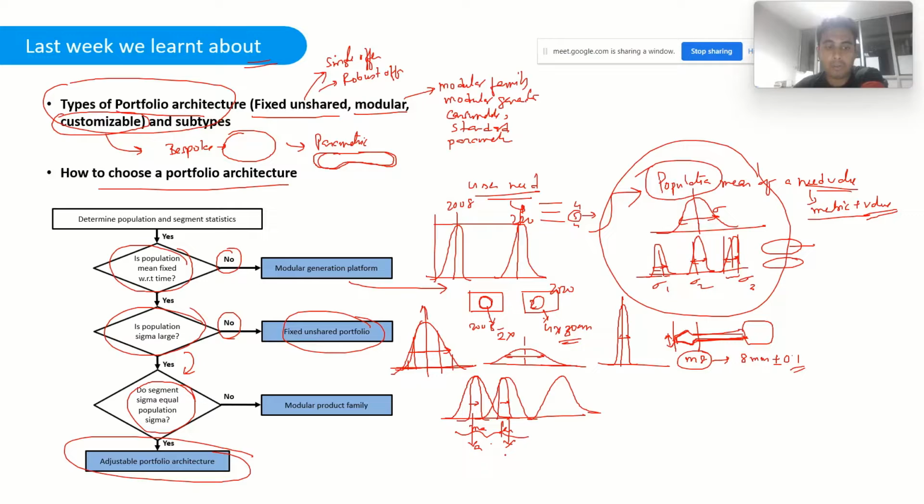We need to make it adjustable, with a provision to make it adjustable for all the segments. So we need to choose something like this.